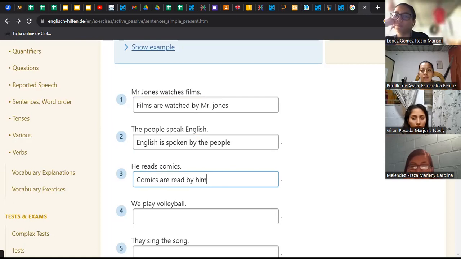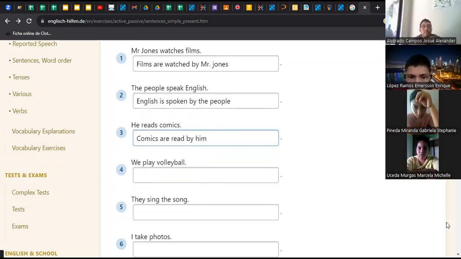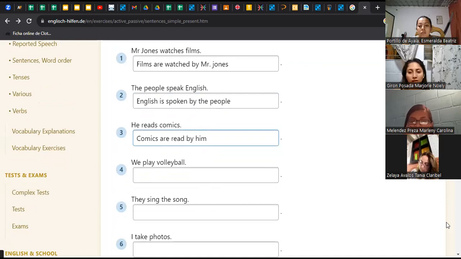In this sentence, I was wondering because I wrote the same sentence, but it's wrong because it's missing the. The comics, the article at the end. I wrote it too, and it's wrong. I don't know why.